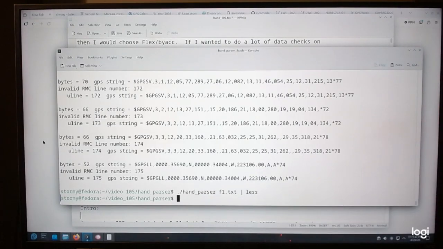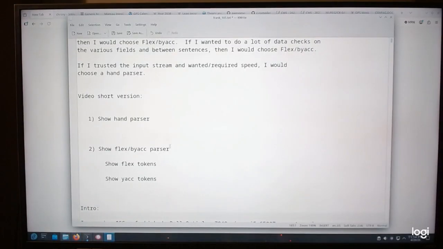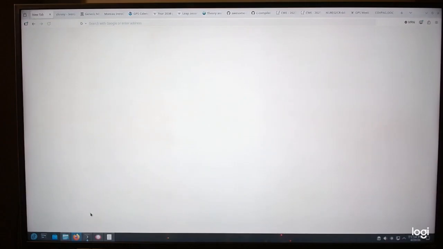Let me get back to my notes, and I'll show you what the Lex is. If you've never seen those, I kind of want to bring that to your attention. And I believe it's this one right here.